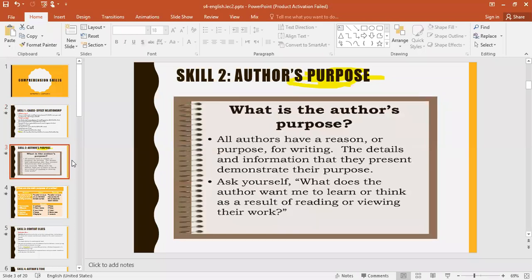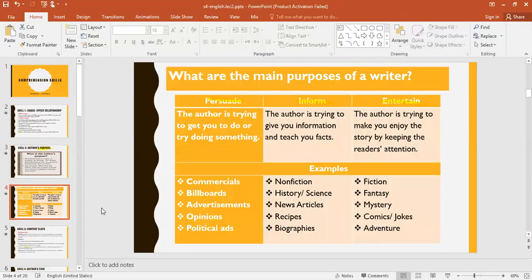Author's purpose is the reason why a writer writes a certain passage or text or article. So it's his aim. We have three main purposes. Of course, we have more, as I always say, but the main three purposes are to persuade, to inform, and to entertain. To entertain is when you are reading a funny story, a silly story which makes you laugh.